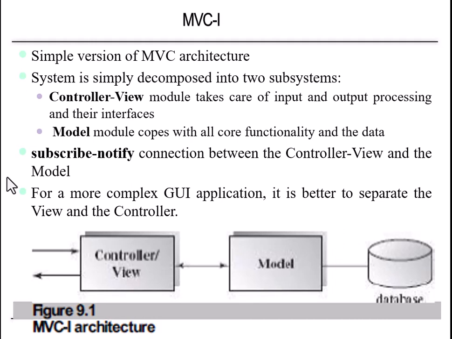And the model is separate, which is responsible for all the core functionality and the data. But for large systems and complex GUI applications, it is better to separate and represent the control and view separately.